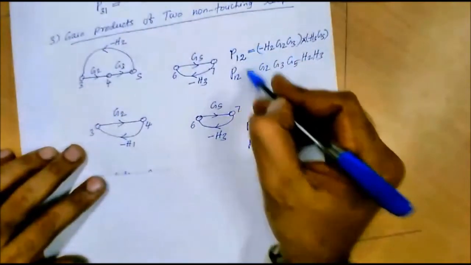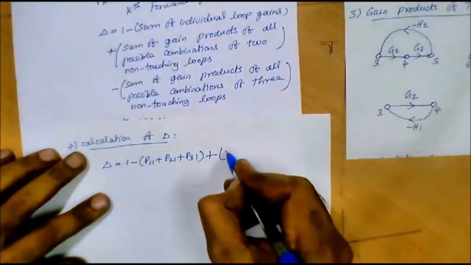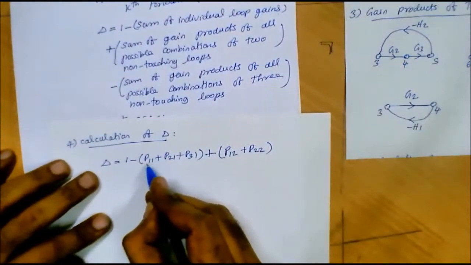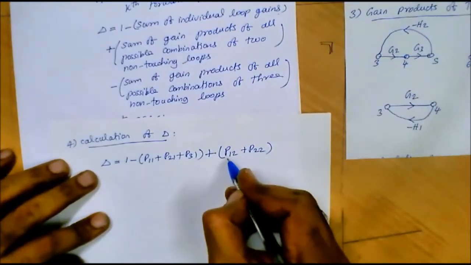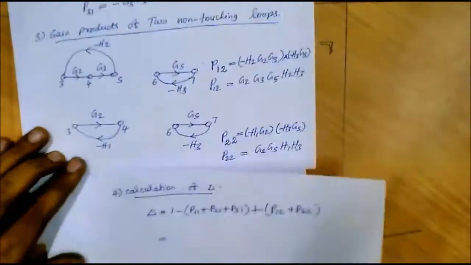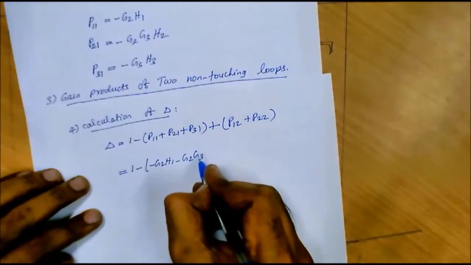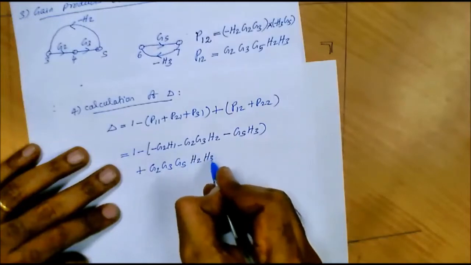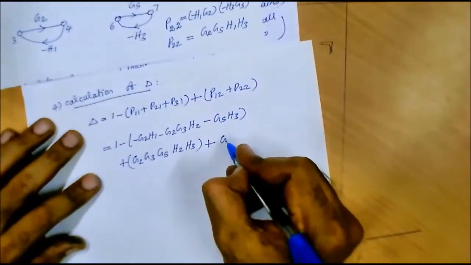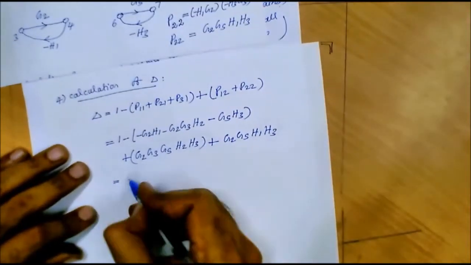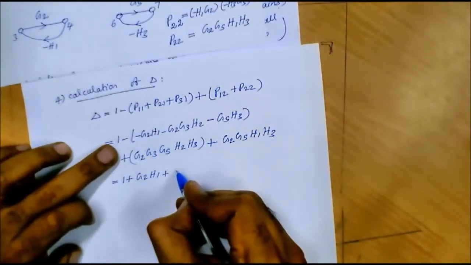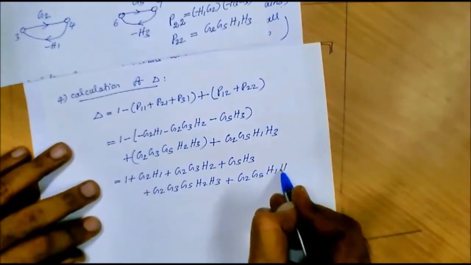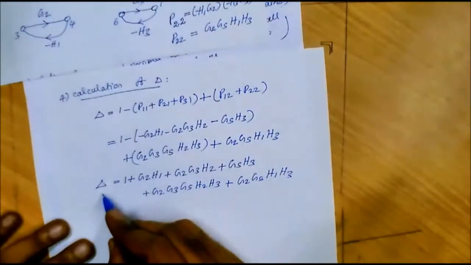Here we have P12 and P22. So P12 plus P22. Now we have to substitute the values of P11 to P31 and P12 to P22. So this is the value of delta.